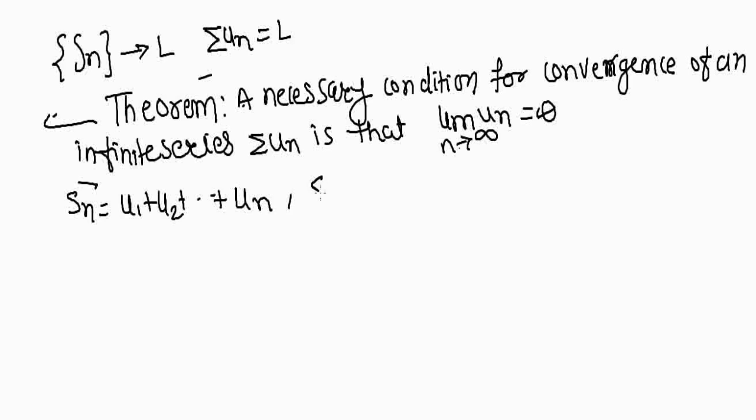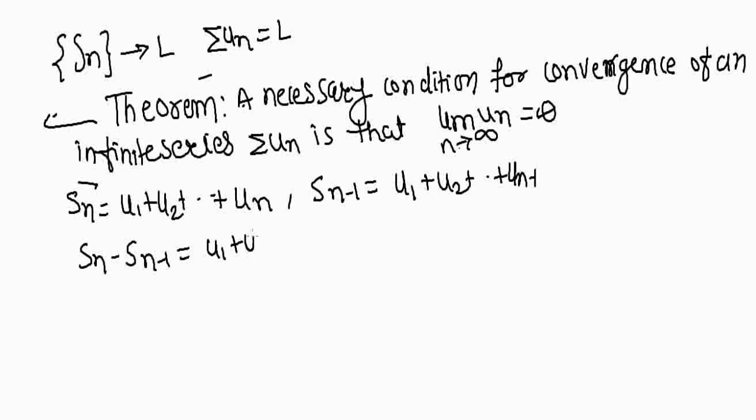Then we can easily calculate Sn minus 1, which contains n minus 1 terms, u1 plus u2 plus up to un minus 1. Then Sn minus Sn minus 1 will be u1 plus u2 plus up to un, minus u1 minus u2 and up to minus un minus 1. u1, u2 get cancelled and we remain only with the term un.